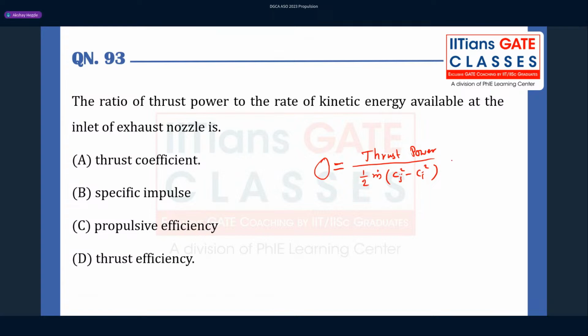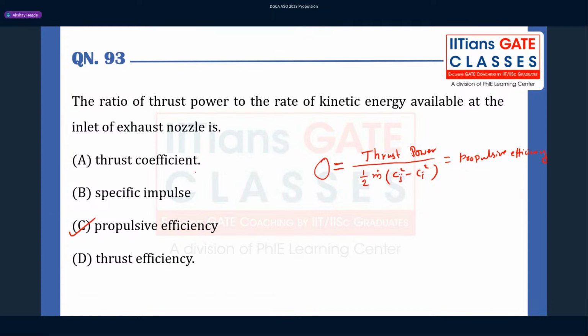This definition is precisely the definition of propulsive efficiency. Remember, propulsive efficiency is nothing but, out of the available kinetic energy, how much you are converting back to thrust power.